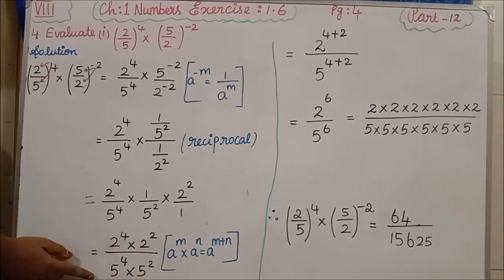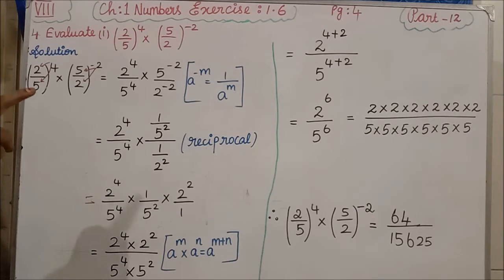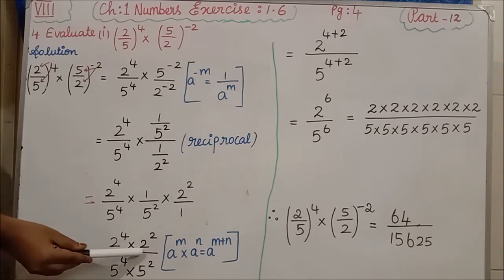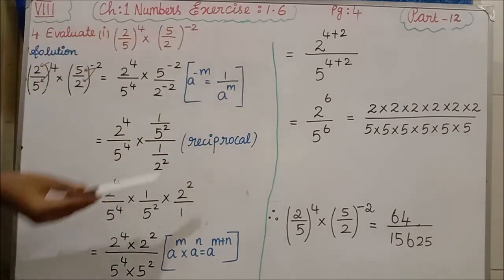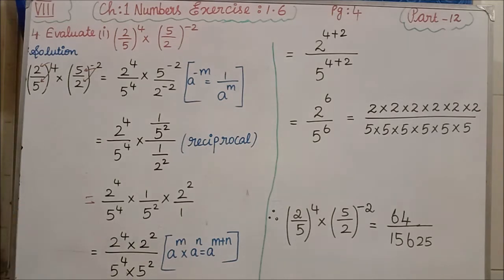Okay, after writing this we observe the base. Here 2, here also the base is 2. In the denominator here the base is 5, here the base is 5. I told you in the starting itself, when the bases are same, the power should be added. So we are writing 1, 2 and adding the power, divided by 1, 5, adding the power.